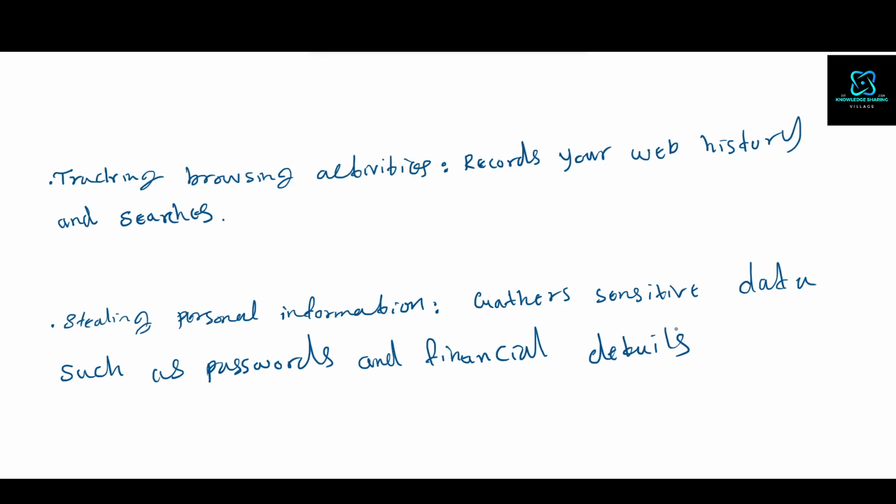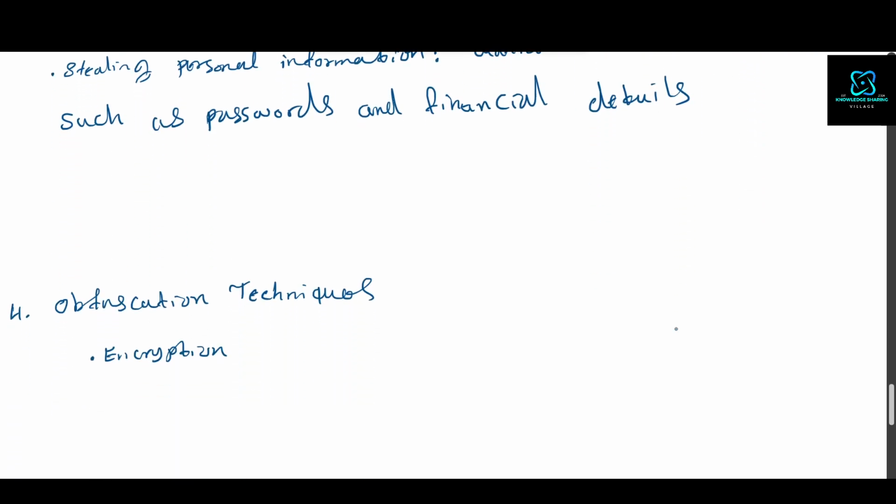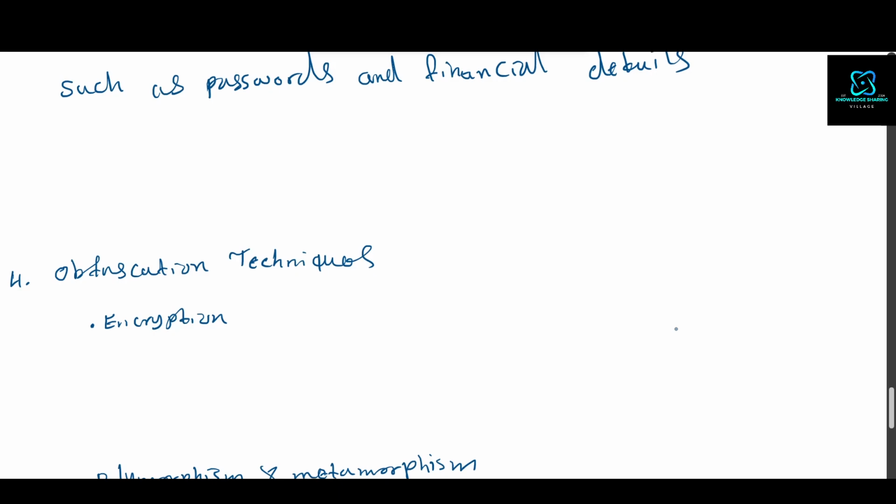Okay, so that was the third category, and the fourth one is obfuscation techniques. Now we have learned how they infiltrate, which key components it has or may use, and what their functionality was. We have also learned how the data collection process works.